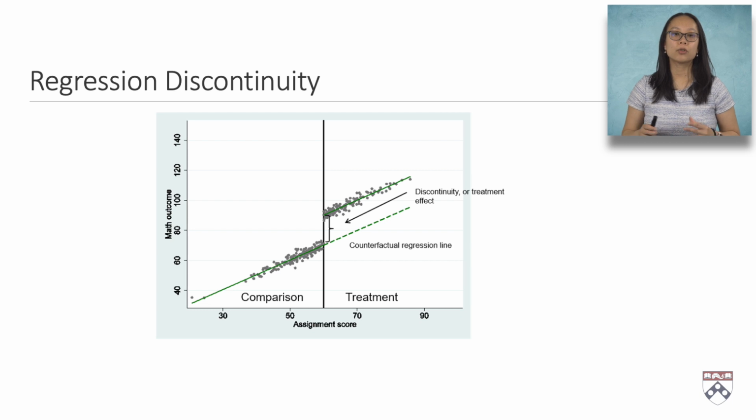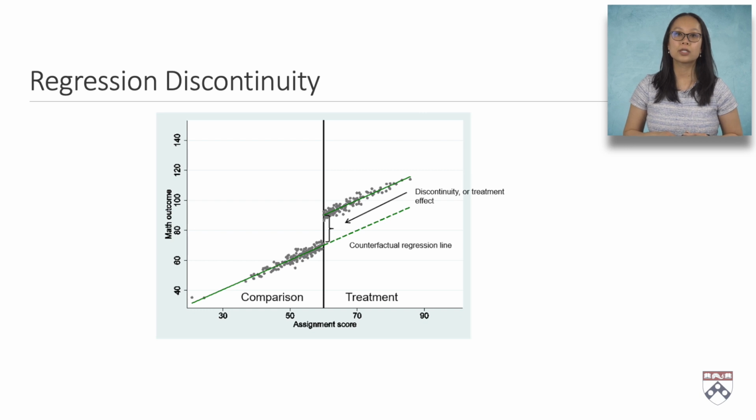Just to illustrate regression discontinuity designs with a figure, here we have a representation of the type of data that we might see in this design, in which we have a cutoff variable which is associated with an assignment score on the x-axis. We have the outcome variable on the y-axis. And we have a cluster of points that are to the left and to the right of the cutoff value, which is given by the bolded vertical line.